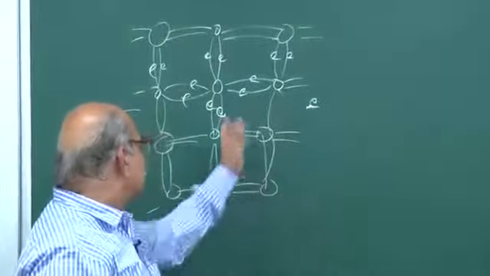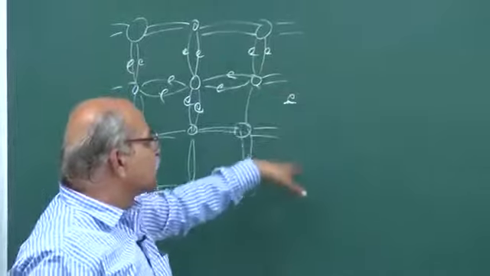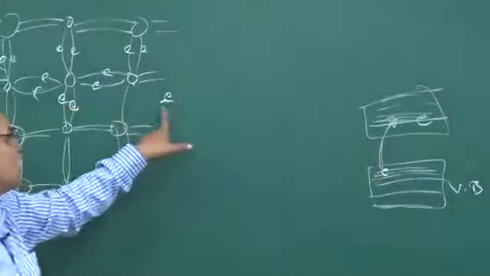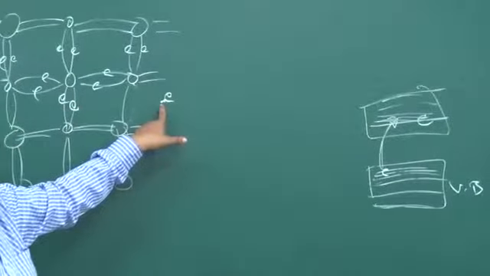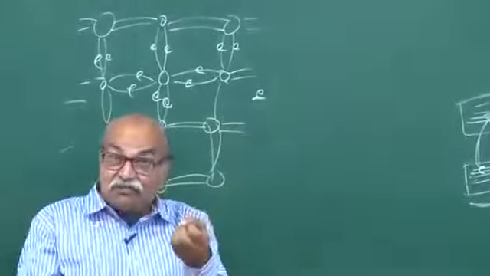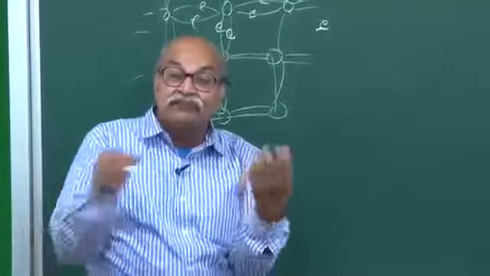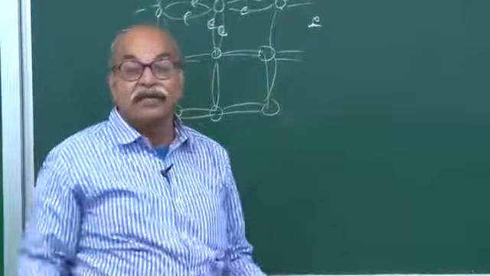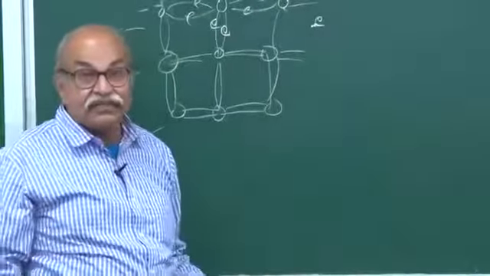It can go here, here, here, here. So whenever I am talking of a conduction electron, I am talking of an electron which is not in a bond and very weakly bound to the parent atom, and therefore it keeps changing the parent atom, and it can go anywhere in this solid.